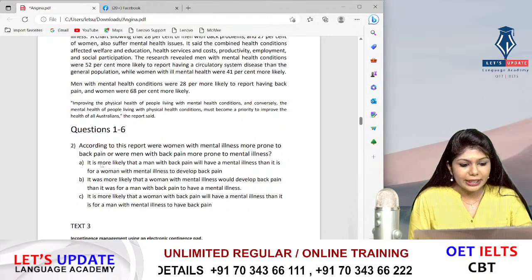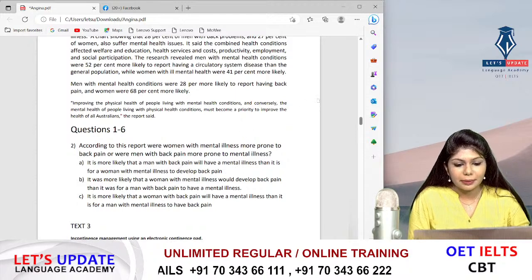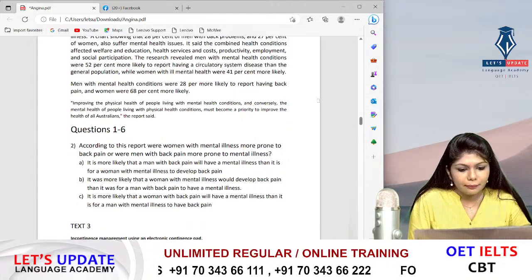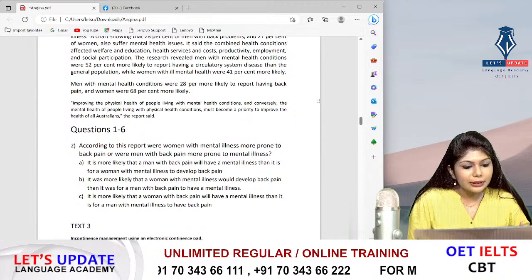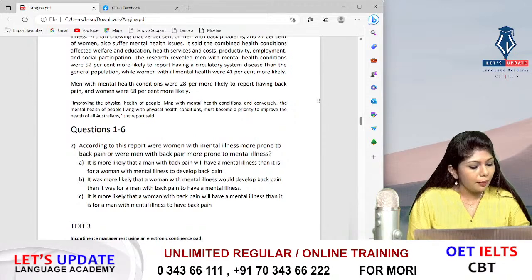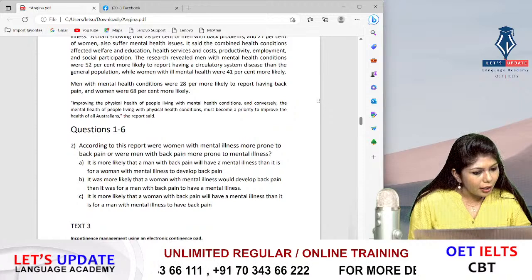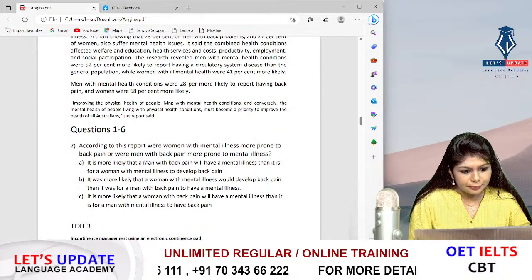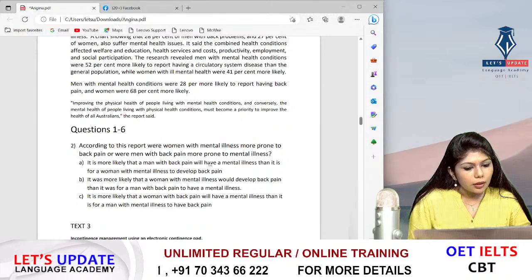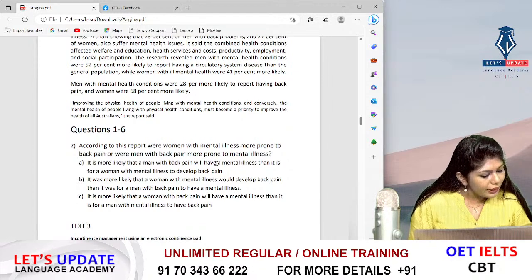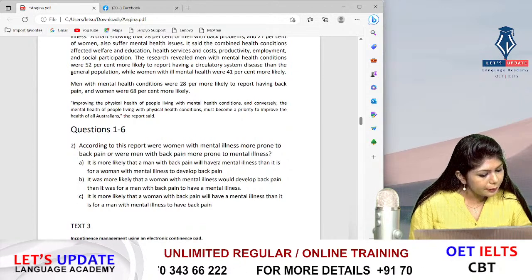So look at option A. It is more likely that a man with back pain will have a mental illness than it is for a woman with mental illness to develop back pain. So regarding a man with back pain will have a mental illness, where is this written?